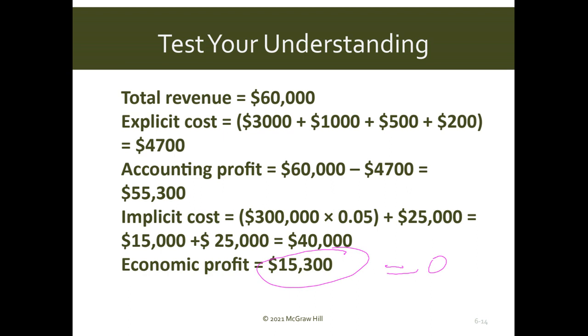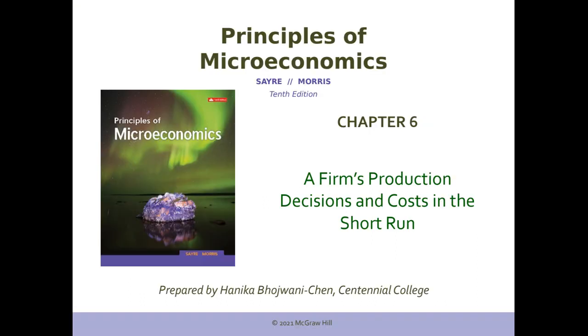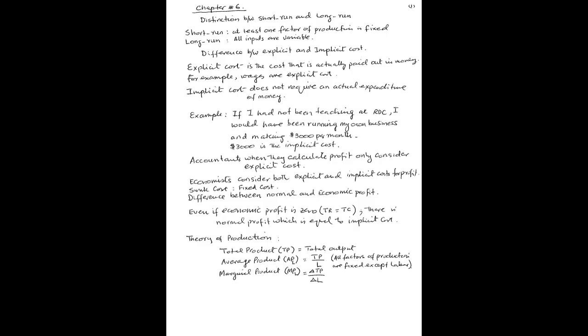Let me go back to the lecture notes, chapter number 6. Let me open this. So now I'll quickly summarize. We only talked about one topic: how to calculate accounting profit, that is total revenue minus explicit cost.